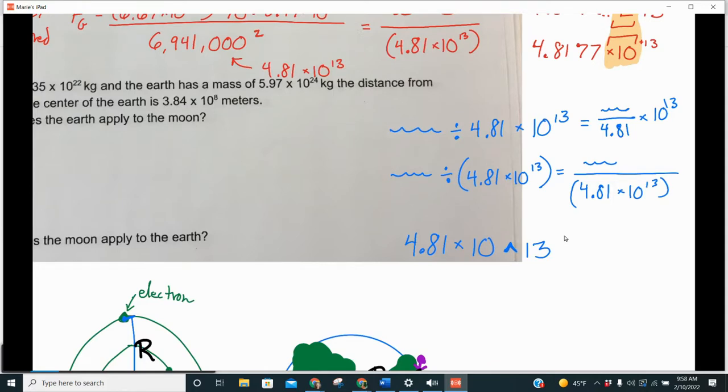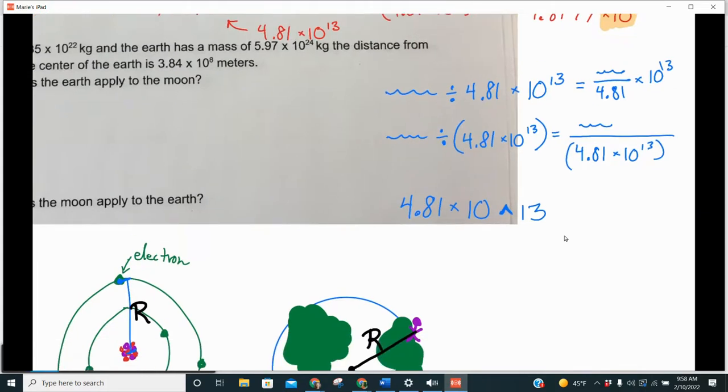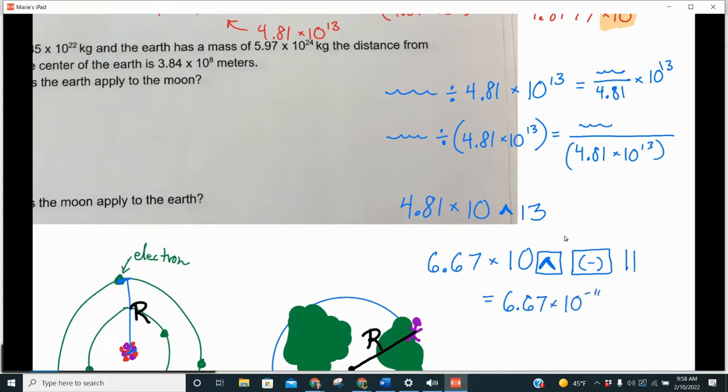If you need a negative number, let's say you're doing times 10 to the negative 11, then if I'm doing 6.67 times 10, I have to do the caret, and then there's a negative button. You cannot use the minus button. You have to use the negative. The negative looks like this. It's next to the decimal point. And so that's the same as 6.67 times 10 to the negative 11th. Are we good?